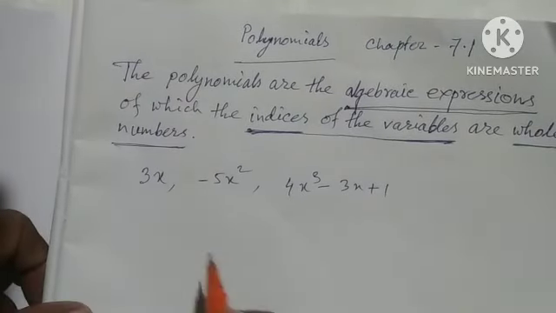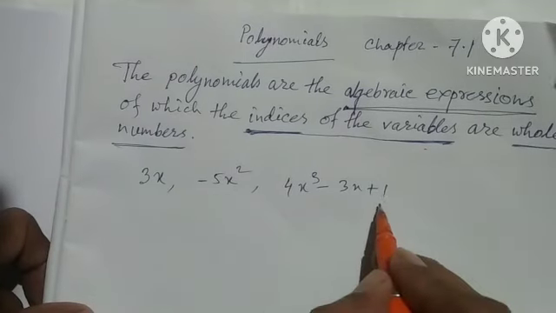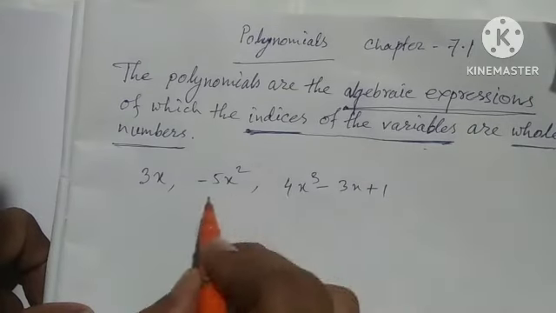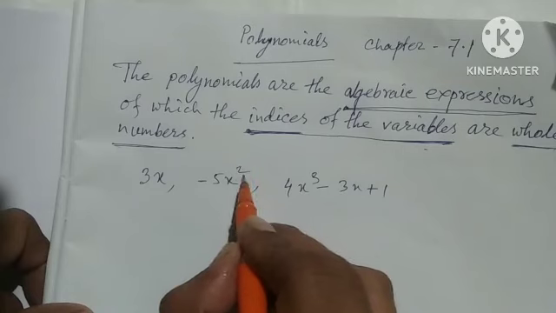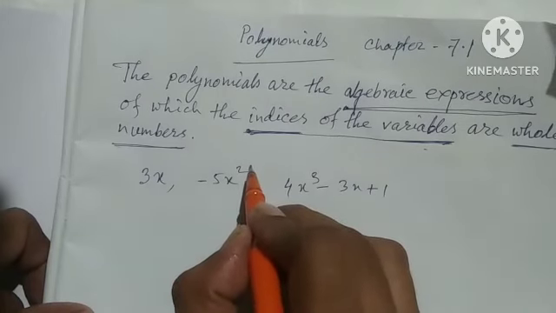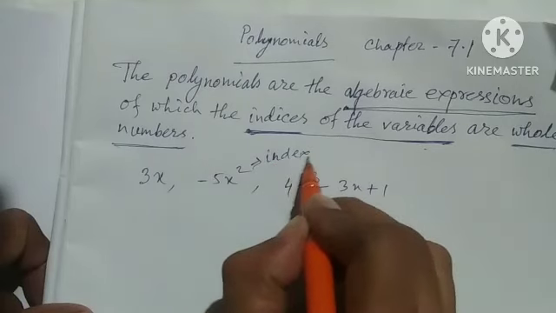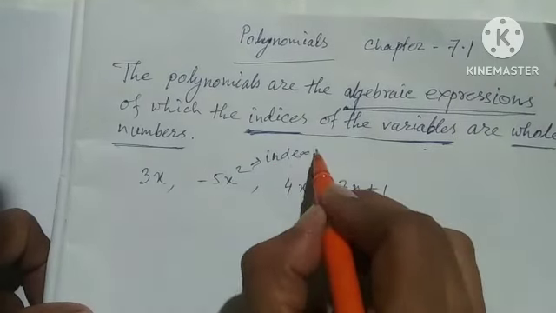Here x is the variable, and the indices is the power of the variable. The power of the variable is called index in singular number, and the plural number is indices. Okay, indices is plural.